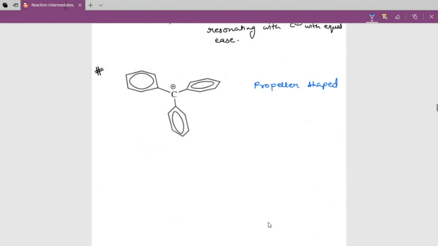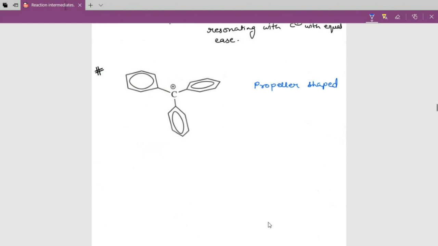Yes, it is very stable. They are overall very stable, but not as it could have been, due to steric hindrance. If they could have been planar, definitely there would have been a further increase in the resonance energy and the stability of the triphenyl methyl carbocation. But in nature, they are not found to be so.